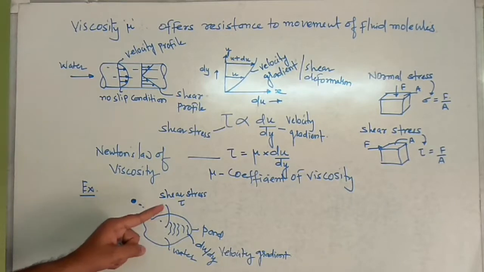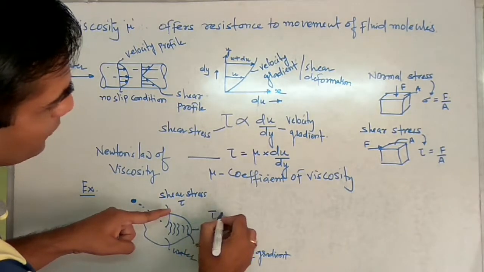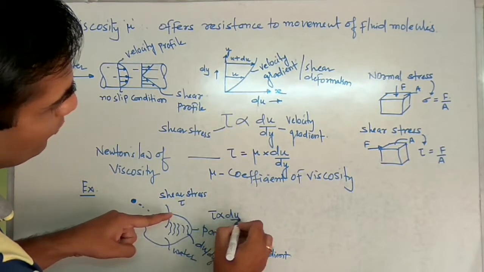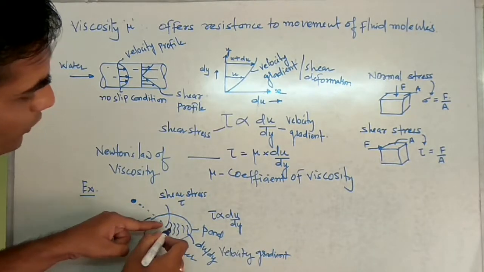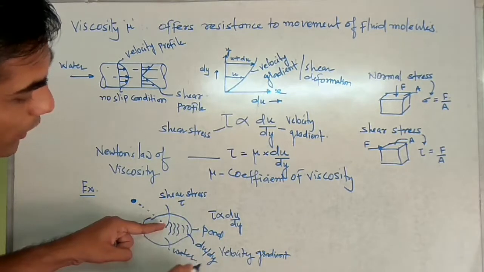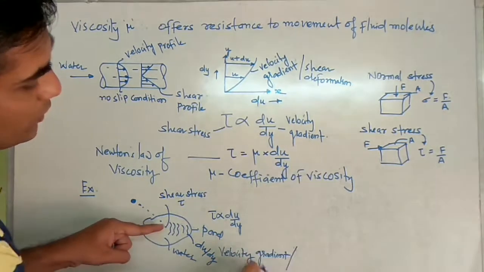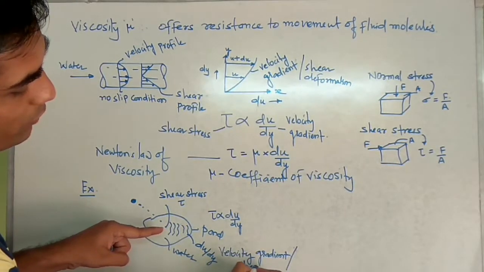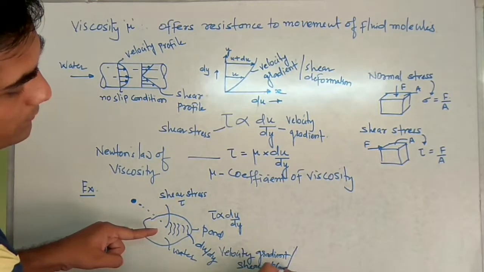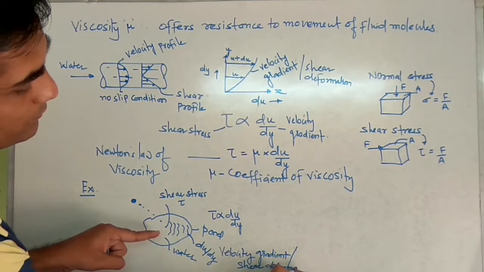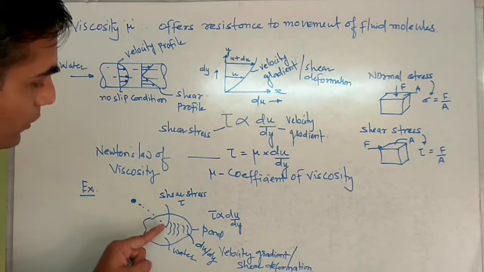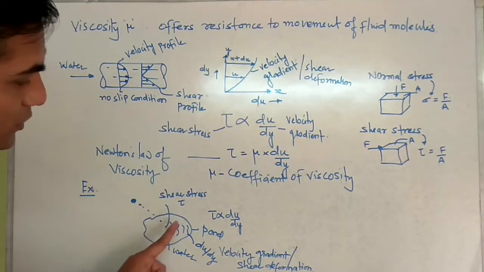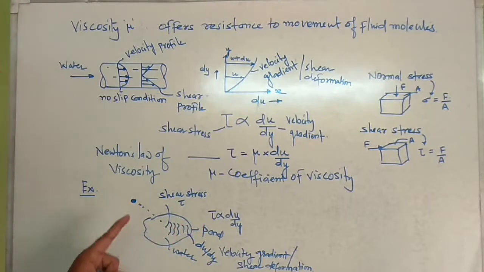So we directly say tau is proportional to du by dy. Because of this stone, the waves form, and that we also say as shear deformation, meaning deformation occurs. Because of this stone and this shear stress, shear deformation takes place.